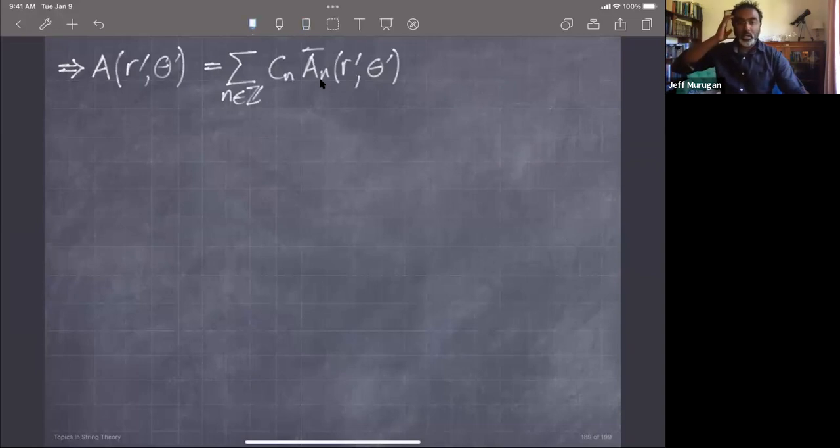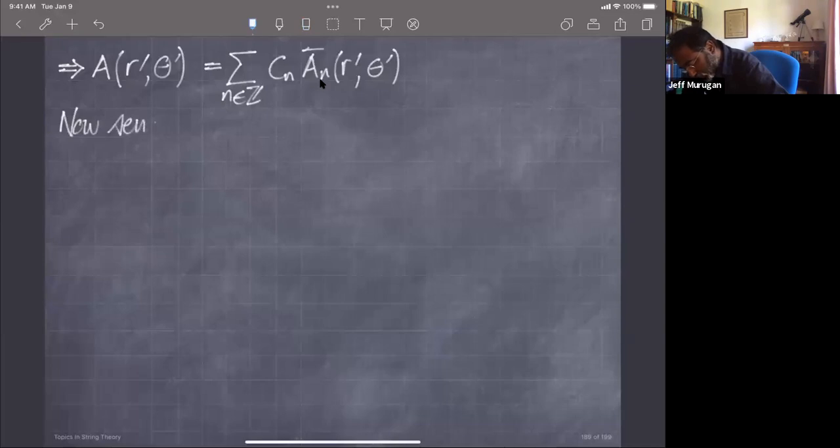So now we'll continuously change theta to theta plus pi. Remember, in the three-dimensional case, we sent r prime continuously to minus r prime, and we identified those two. Well, we're going to do the same thing here. So now send theta prime to theta prime plus pi.